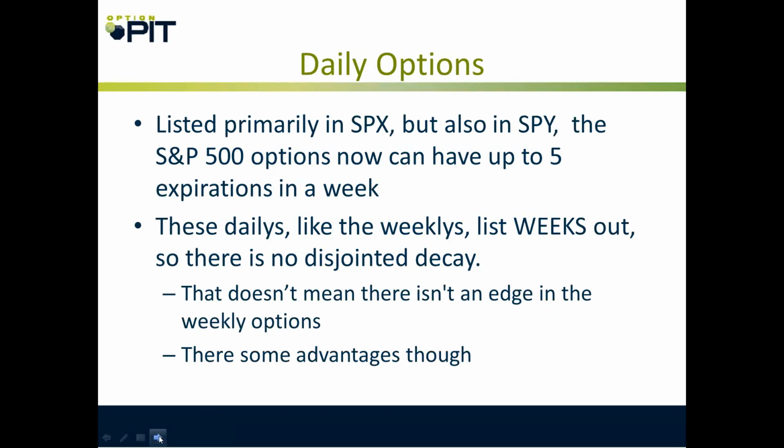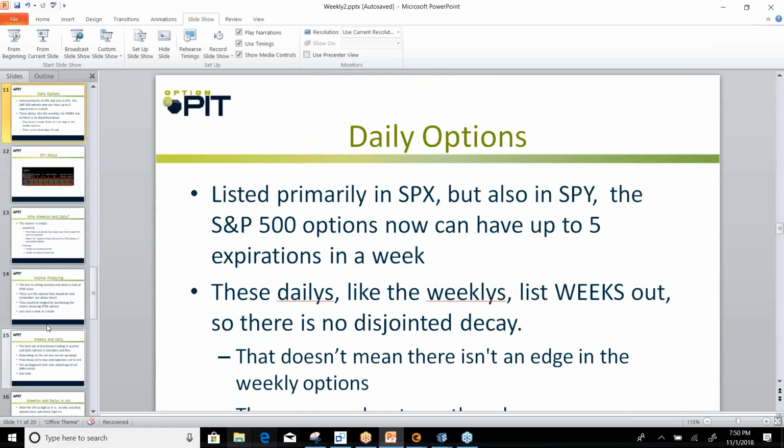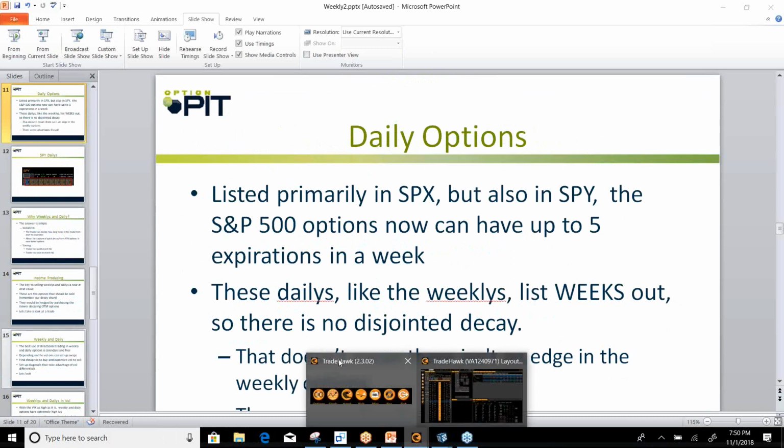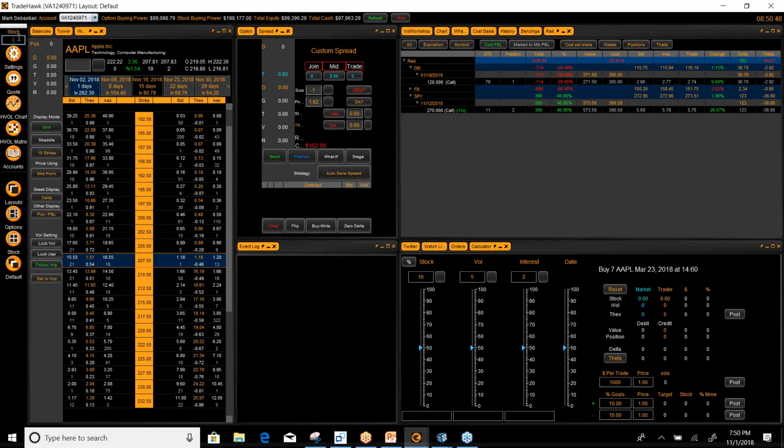Definitely 4. I mean, heck, there were 4 SPX options expiring. You know, if I pull up SPX here, let's look at SPY. Let's look at SPX.